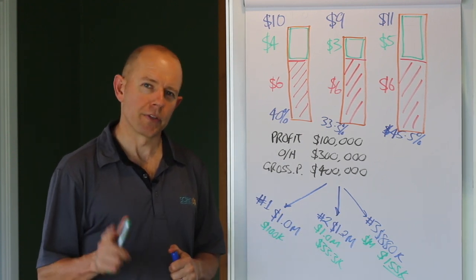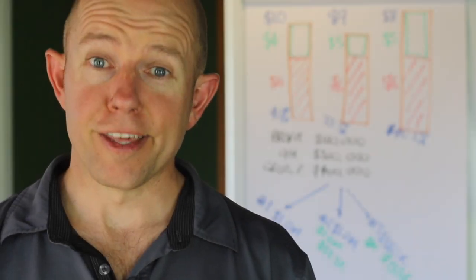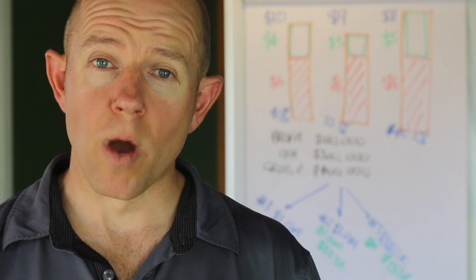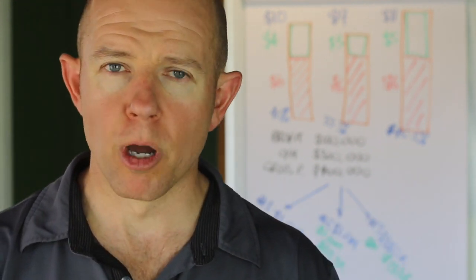But let's take a look at what those two things are that you need to address to be able to increase your prices. The impact on your profitability is quite astounding, isn't it? Look, we've only used one example here of a gross profit level. Obviously, your business might be different.